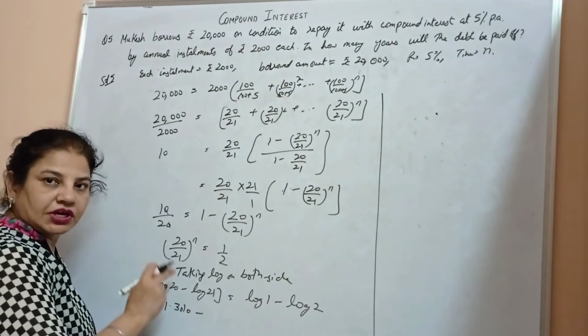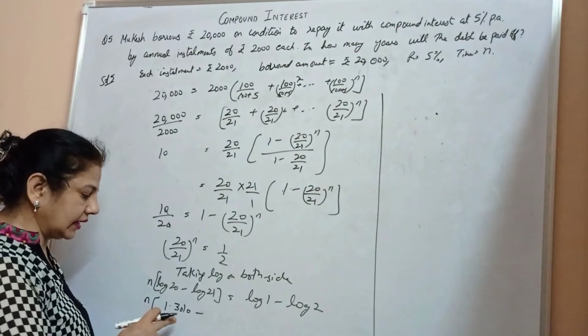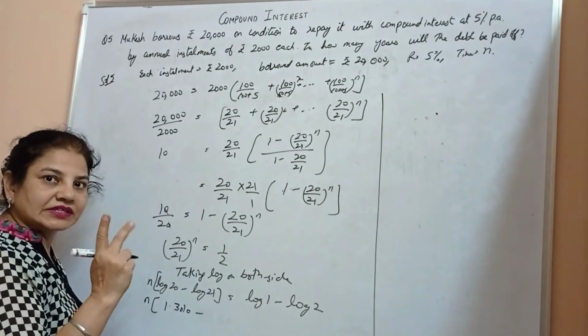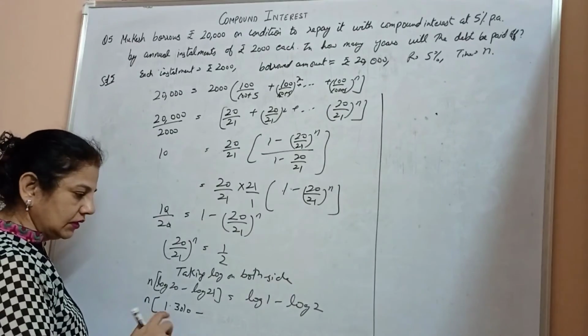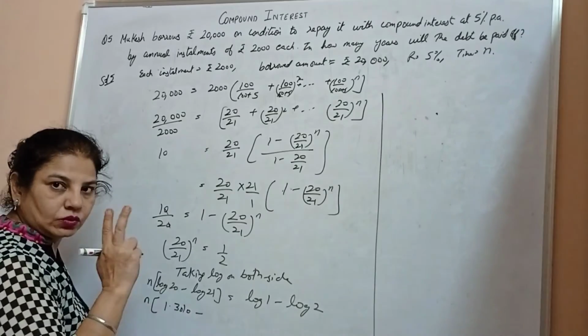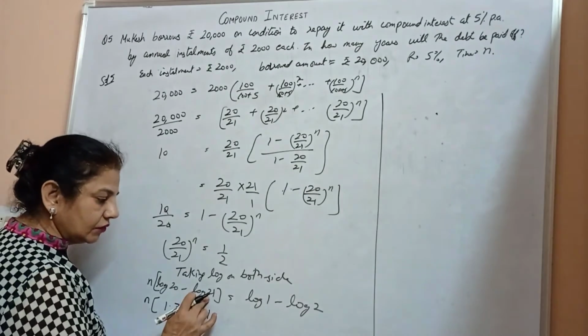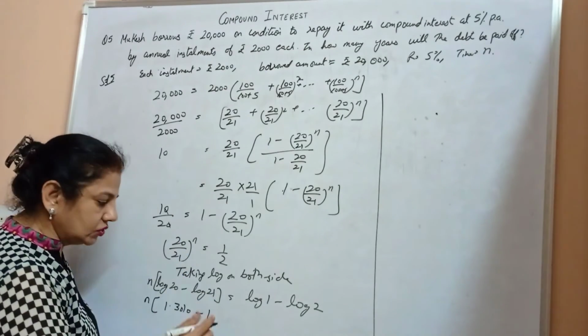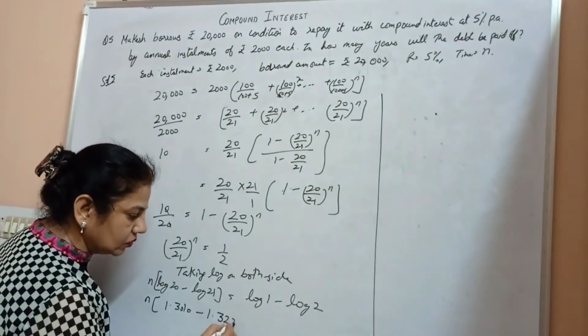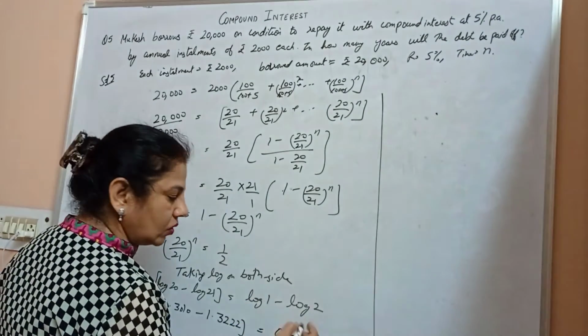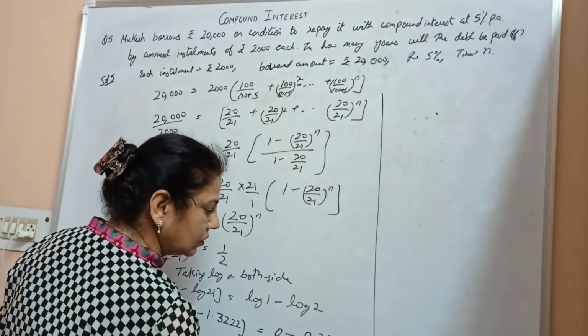Since 20 is two digits, 2 minus 1 is 1, so the characteristic is 1. Again 21 is two digits, 2 minus 1 is 1, the characteristic is 1. You will check log 21 and get 1.3222, equal to log 1 which is 0, minus log 2 which is 0.3010.